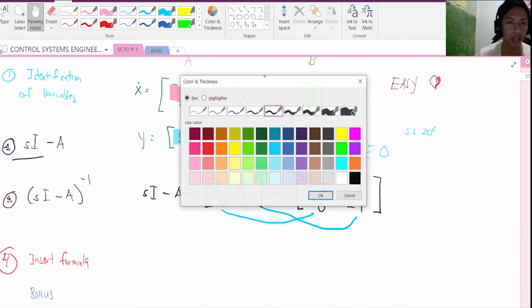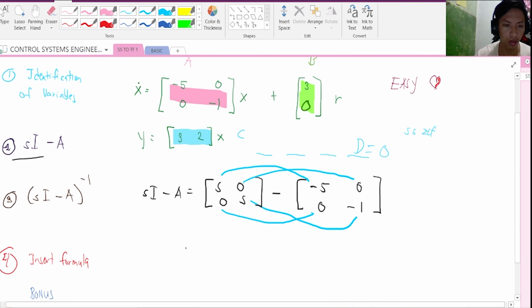The result of that would be S plus 5, because you subtracted this one. So S, and then multiplied by negative would become positive. So S plus 5. Okay, so now we're done with the second step.